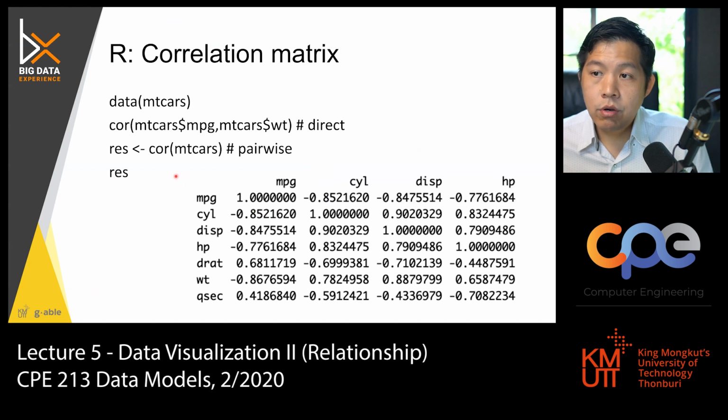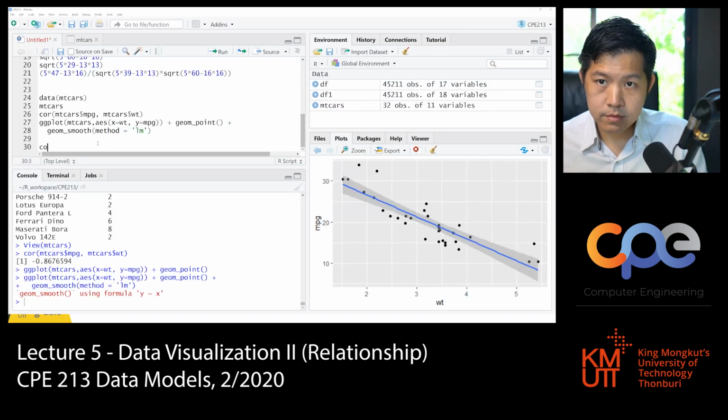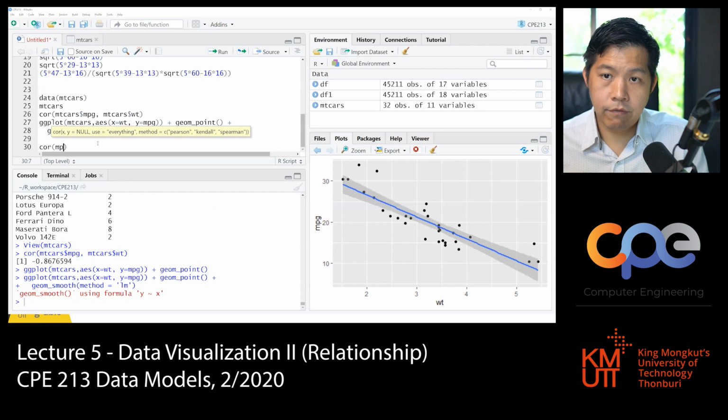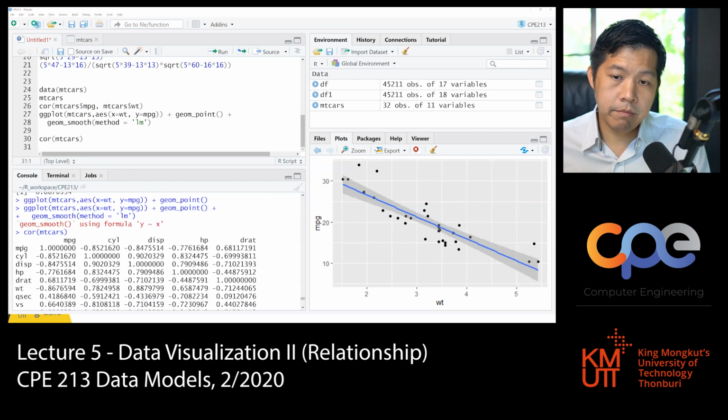You can also compute the pairwise correlation, the correlation of all columns, by using cor and the data frame that you want to compute correlation for. So this is MPG versus MPG, which has correlation equal to 1.